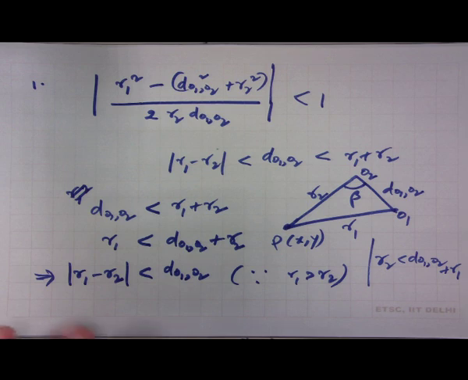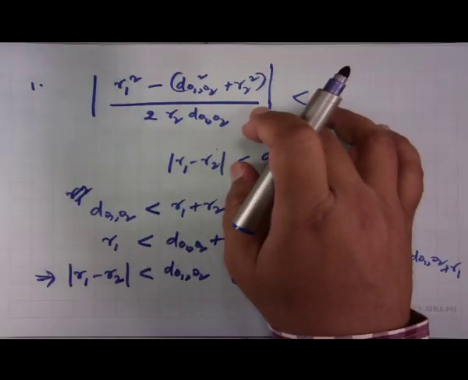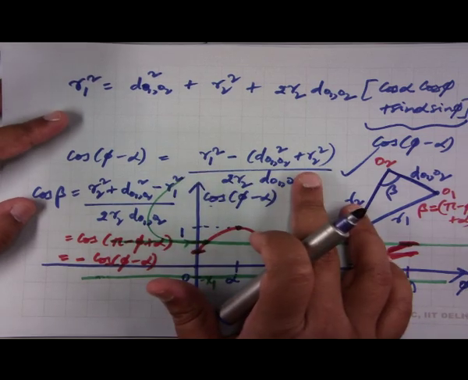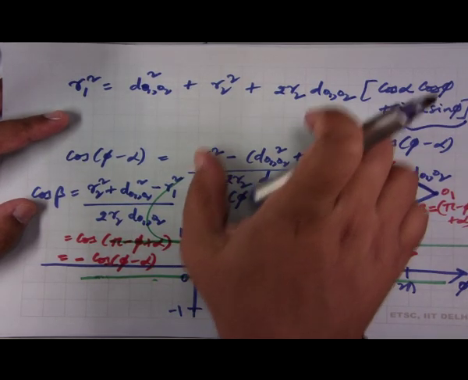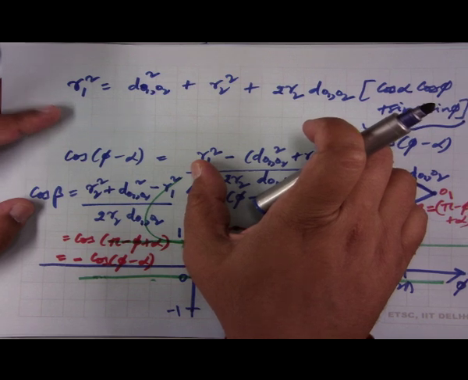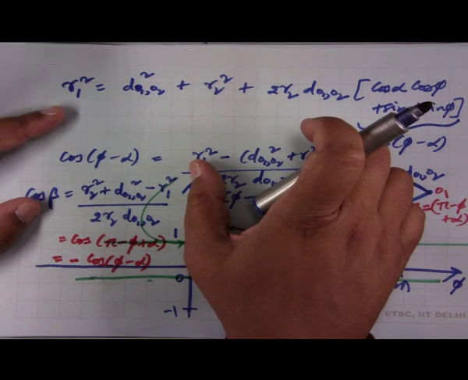So, what we saw was that if the absolute value of the right hand side of this equation is less than 1, then we argued that there will be 2 points of intersection.